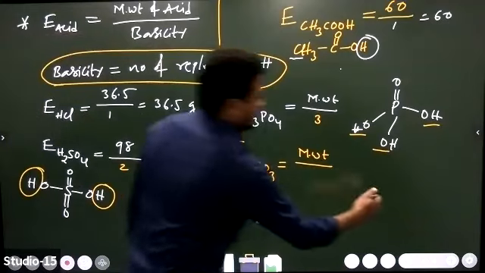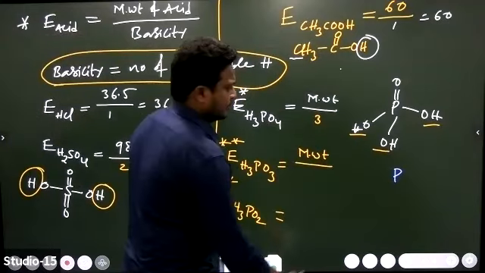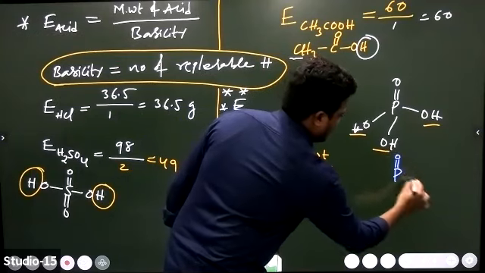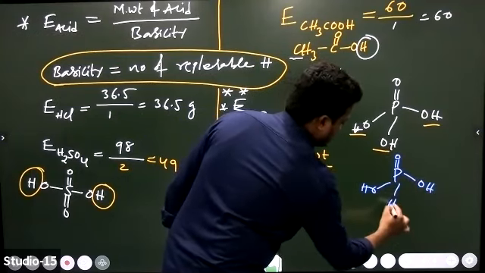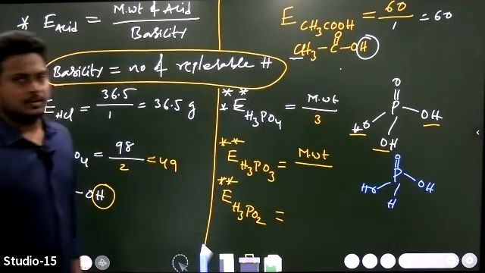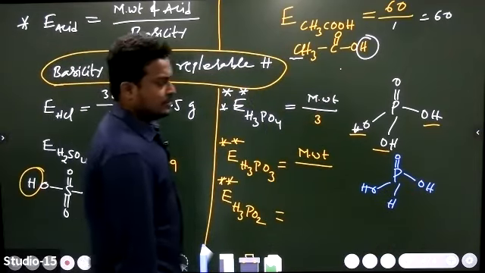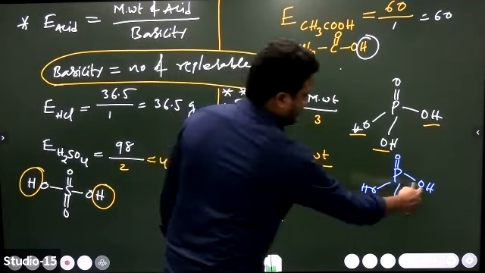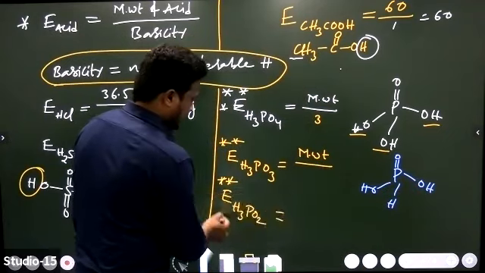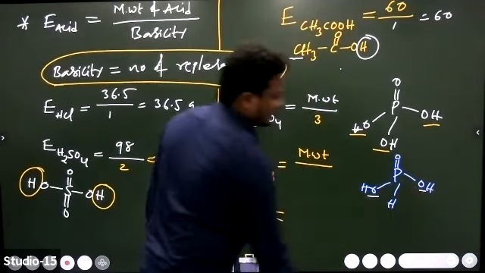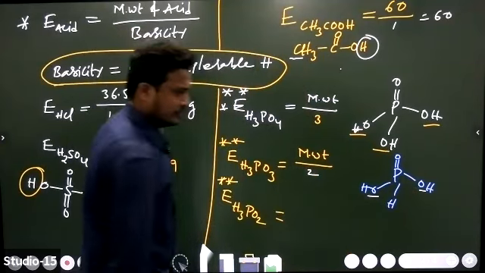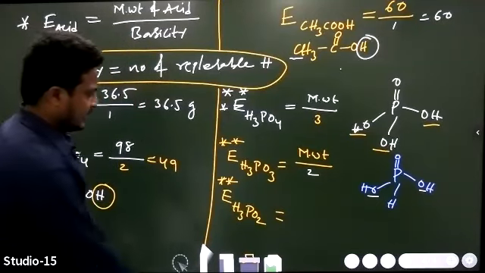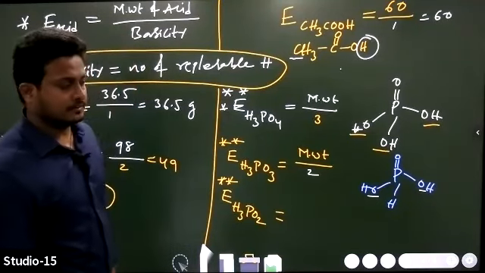The structure of H3PO3 is P double bond O, OH, OH, and hydrogen. We know that hydrogens which are attached to more electronegative atoms like oxygen are only replaceable. So here, molecular weight by 2. Next one, hypophosphorus acid.